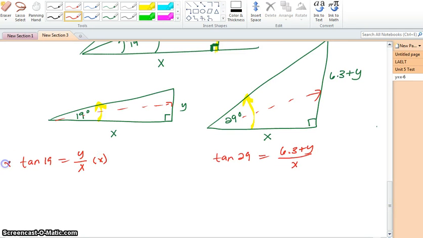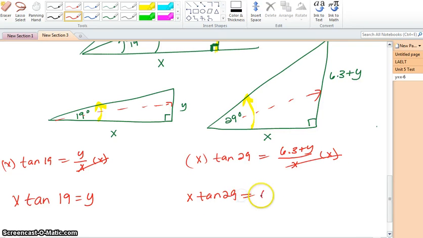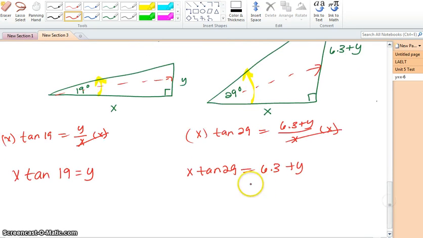If we multiply both sides by x, we have an equation x tangent 19 equals y. And we can do the same thing here to cancel the denominator. X tangent 29 equals 6.3 plus y. We can solve each of these for y.